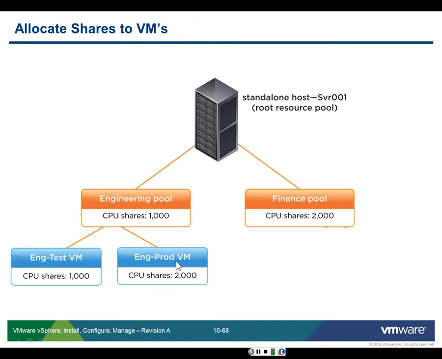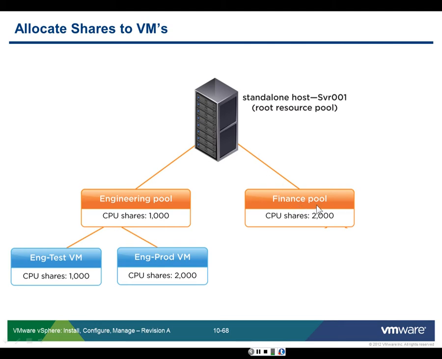So the production virtual machine will get 2,000 shares of the engineering pool, and the engineering test virtual machine will get 1,000 shares of the engineering pool. So the engineering test virtual machine gets 1/3 of the engineering pool, which gets 1/3 of the CPU resources on the ESXi host.